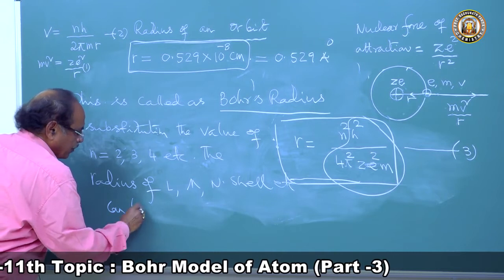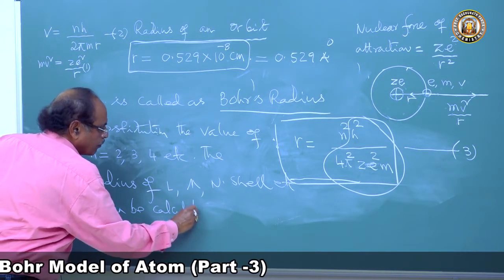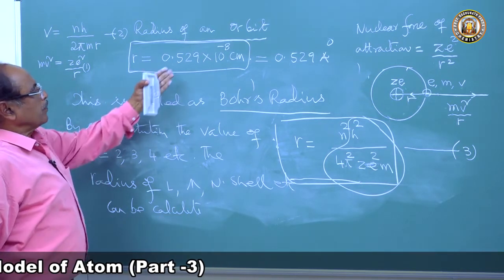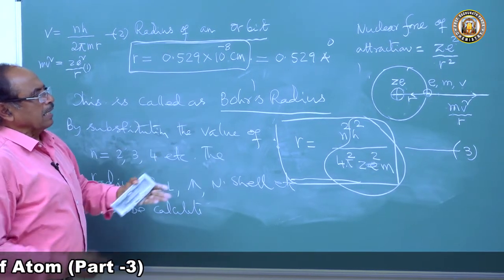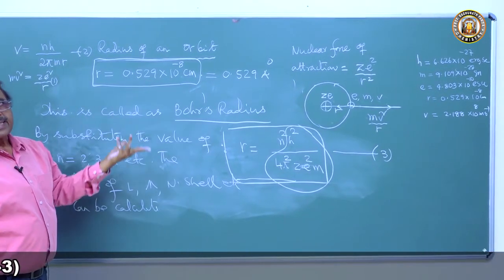In any problem in an exam, you can put the value of n equal to 2. If you want to calculate the second shell, you will put n equal to 2, so 0.529 into 4.